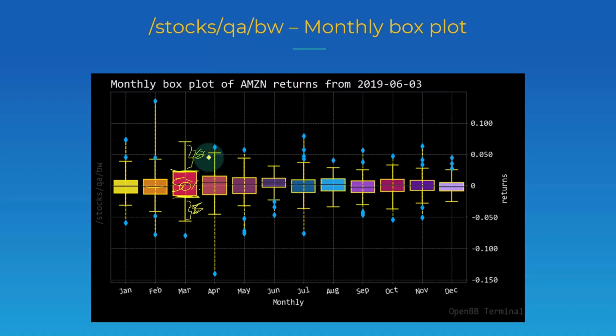And then the little diamond type thingies are considered to be outlier returns that don't fit into this zone. But visually speaking, if I just eyeball this, it basically tells me that on March, we tend to get this thing here where you might say, well, it can potentially get to higher returns.